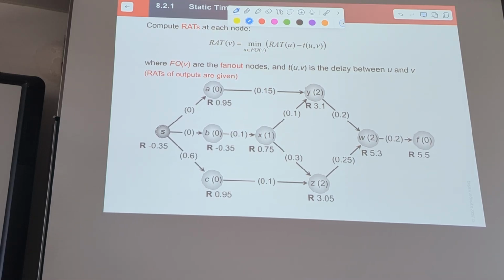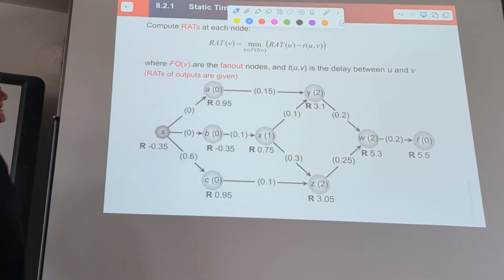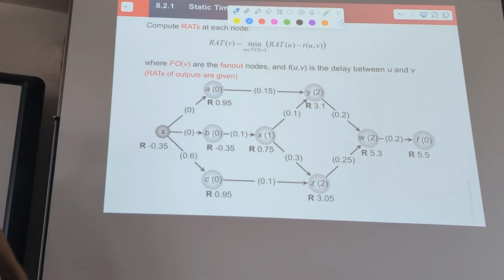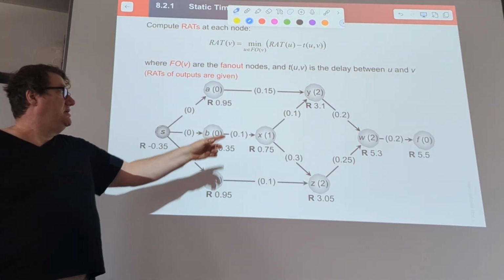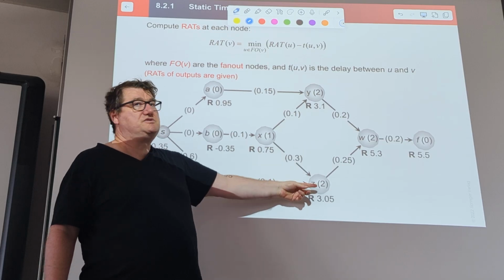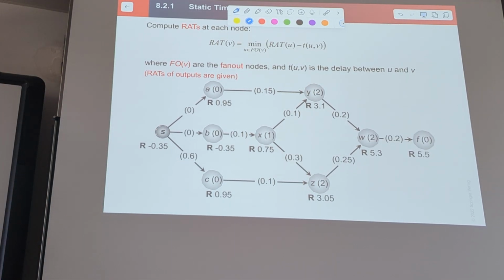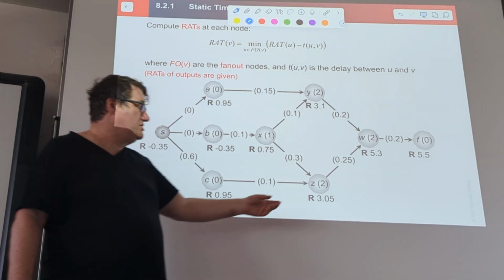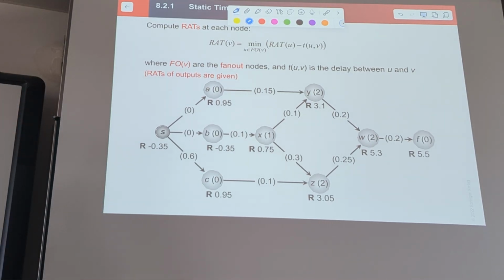And then you can take the graph here, which is basically the same, except that you choose here the minimum times that you have. In this example, the times here don't change, so they are static for the purpose of this example. But now you want to figure out what is your required time that you need, and you want to add that to each node: when should the signal arrive there.